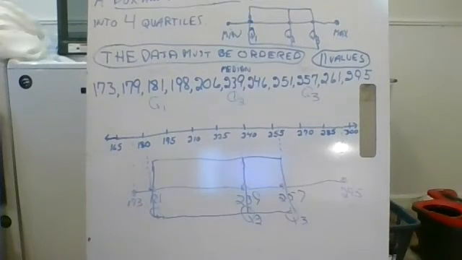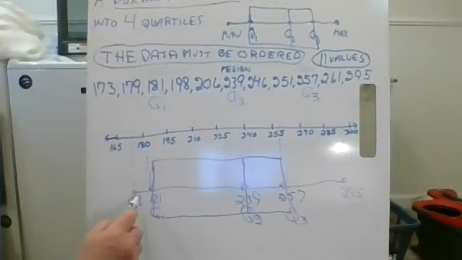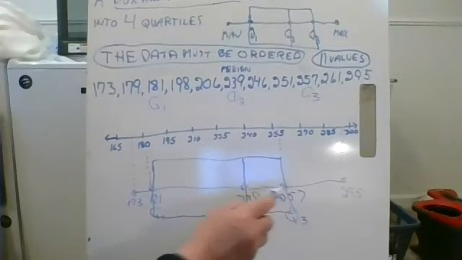And what did I tell you? These segments don't have to be equal length. But what we know is that this quartile here contains the same number of data values as each of these.